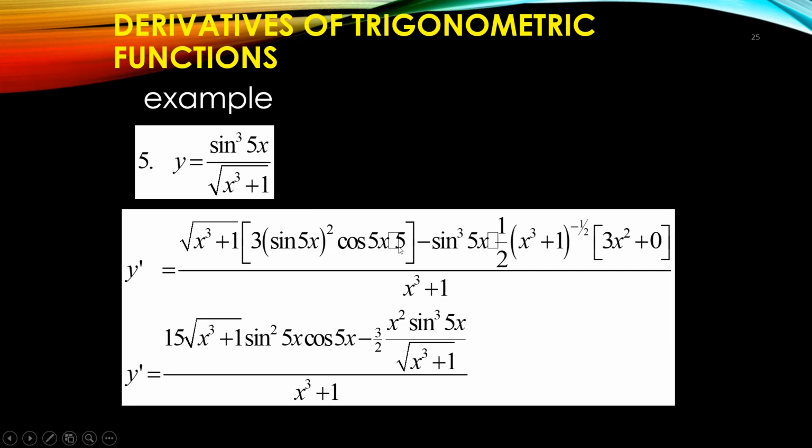What's the derivative of 5x? It's 5. Minus high. The derivative of low is 1/2 x cubed plus 1 to the negative 1/2, and then the derivative of this one is 3x squared plus 0 all over low squared. Okay. And then here, you can try to simplify.